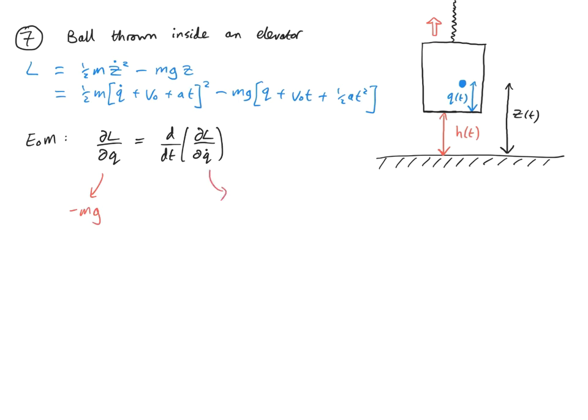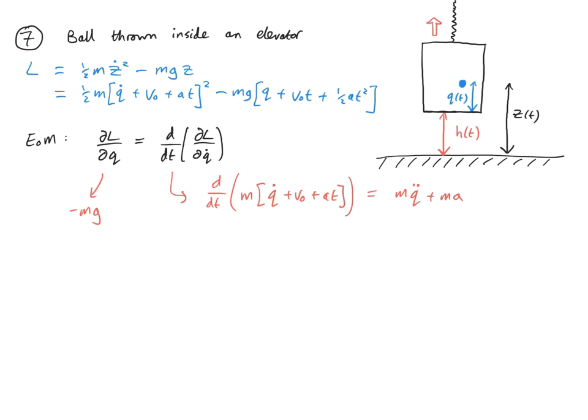dL by dq dot, likewise, is fairly straightforward. It's m times (q dot plus v0 plus a times t), and we need to take the time derivative of that, which in the end is going to give us simply m q double dot plus ma.